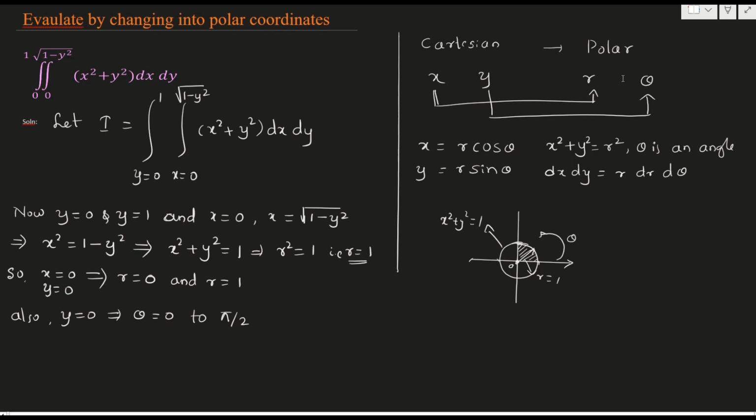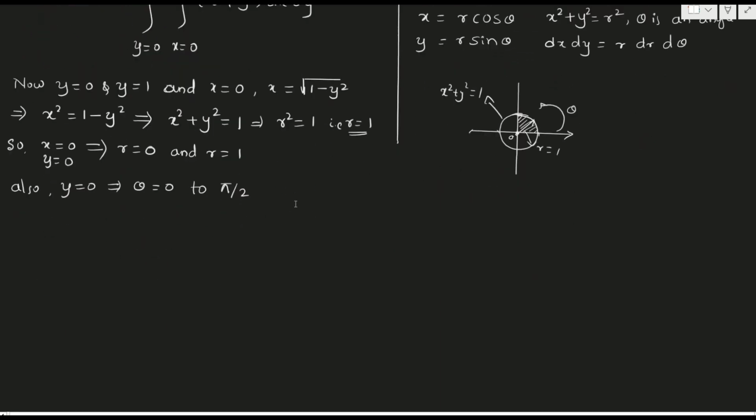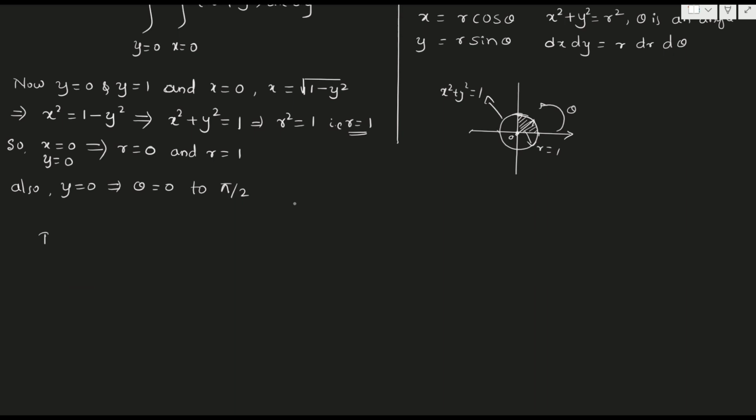Now substitute in I. We get I as the integration, replacing the y coordinate by theta, 0 to pi by 2, and x by r, where r varies from 0 to 1.